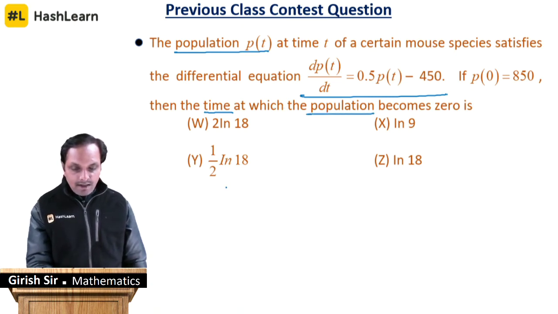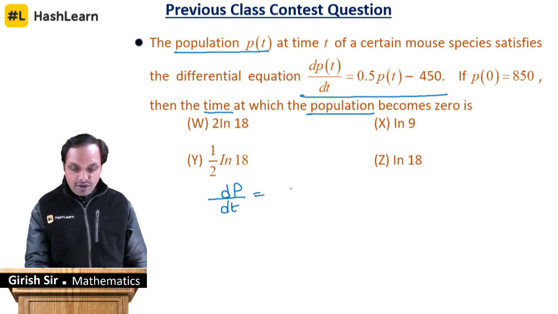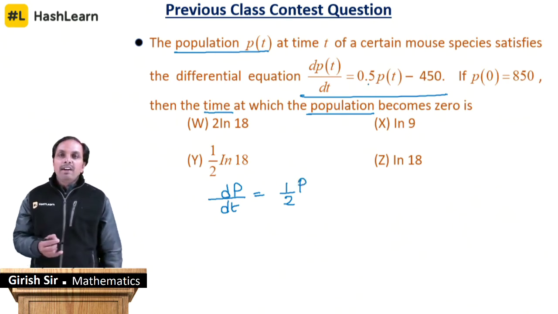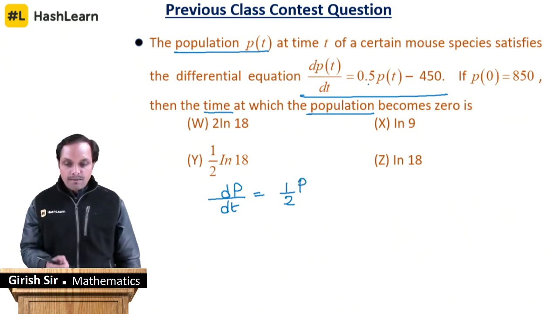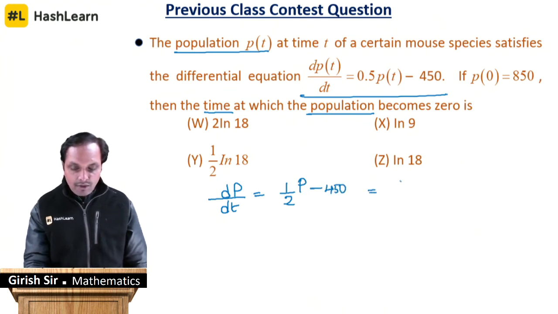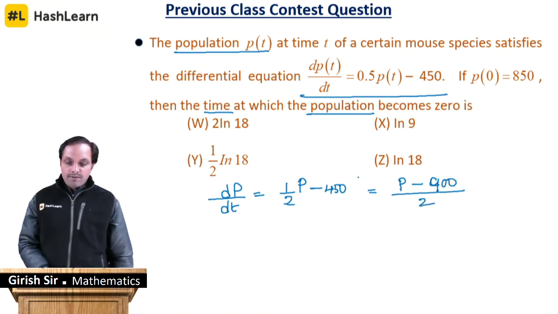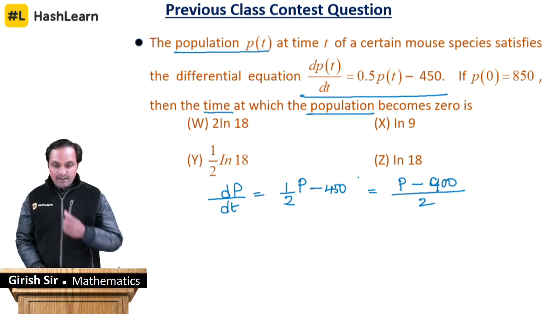Let's see what is given here. They have given you dp, which is a function of time, dp by dt is equal to, I'll take 0.5 as half, p of t is just nothing but p, you should remember p is a function of time, population, minus 450. Cross multiplying, this will be 900 by 2, p minus 450 into 2 is 900 by 2.